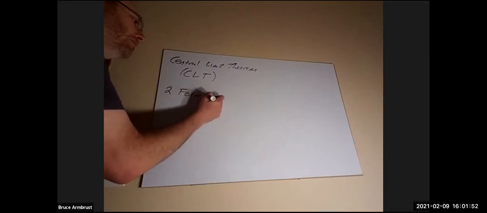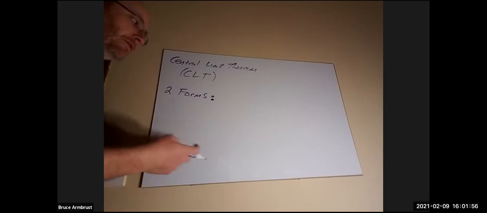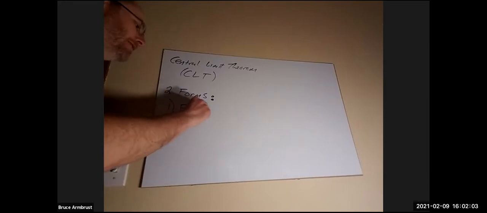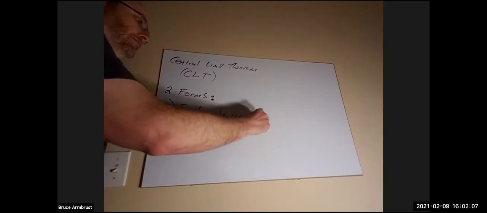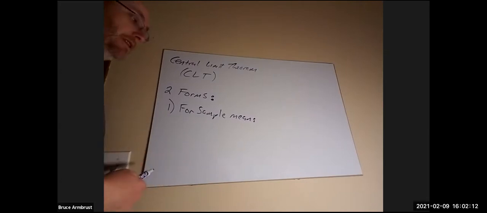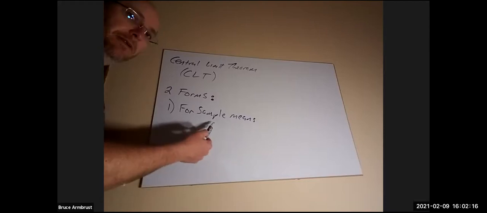Now, central limit theorem, there are actually two forms to this. And it depends what we're looking at and what we're measuring, which form we use. Okay. The first one is the central limit theorem for sample means. So just use the words, and I'll tell you what this is. So it's means of samples.